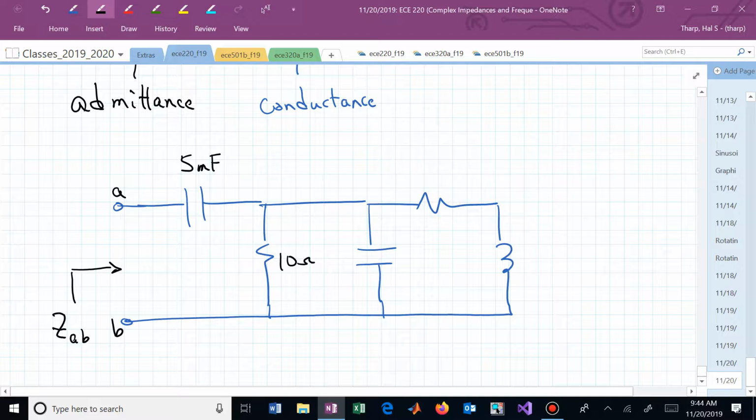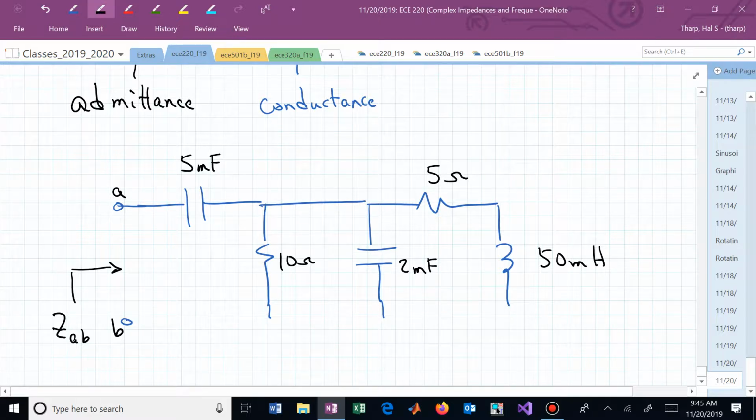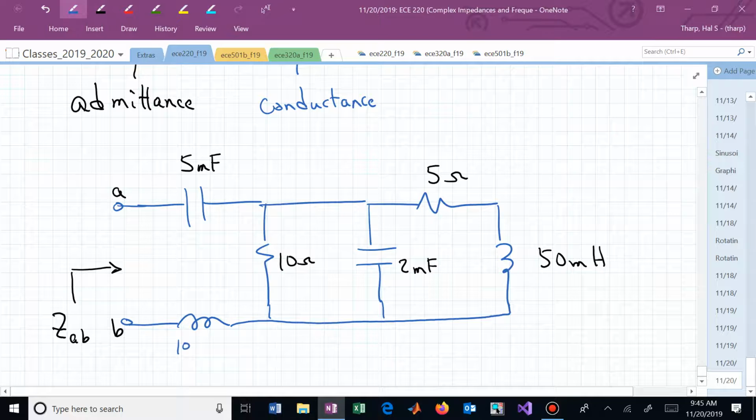This resistor is 10 ohms. This capacitor is 2 millifarad. This is 5 ohms. And the inductor is 50 millihenries. Oh, and I left one out. This inductor is 100 millihenries.